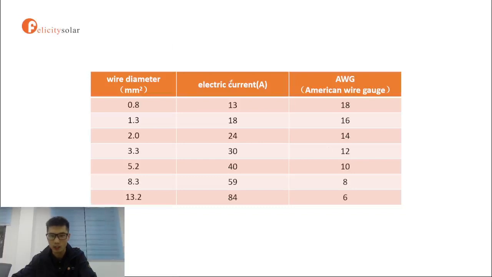And here, now we check the table. So 48 is here, between 40 and 59. And as we said, if you choose the smaller size of the wire, it can cause danger. So we will choose the bigger one, the 59. Then the size of the wire should be 8.3.